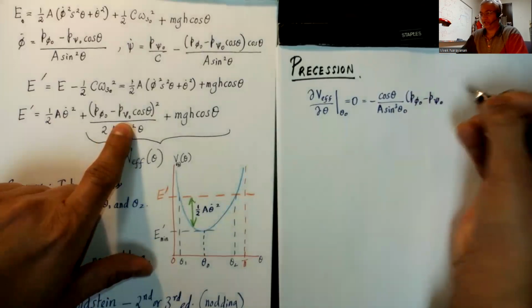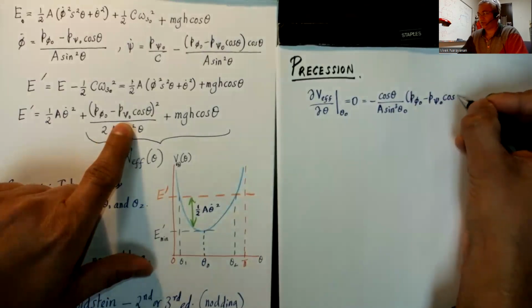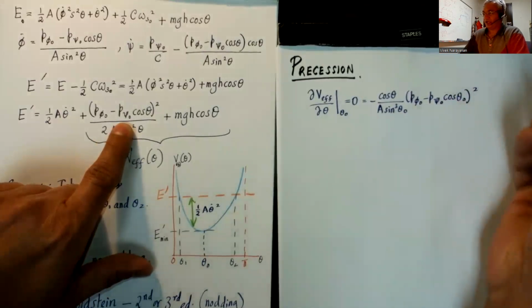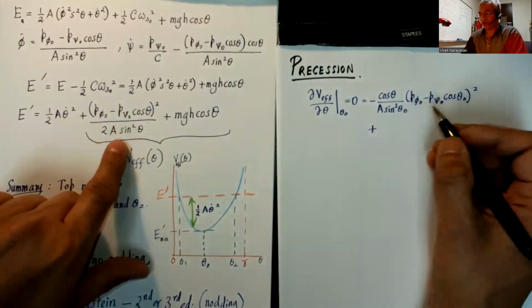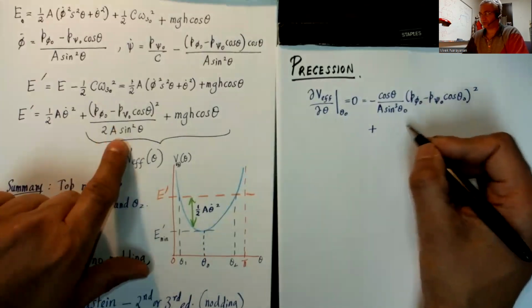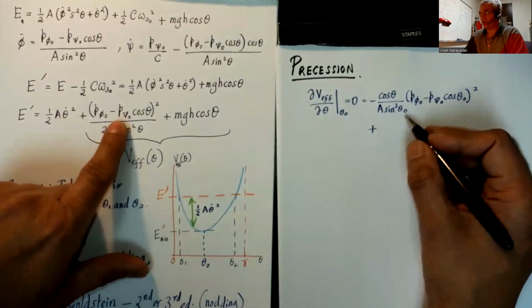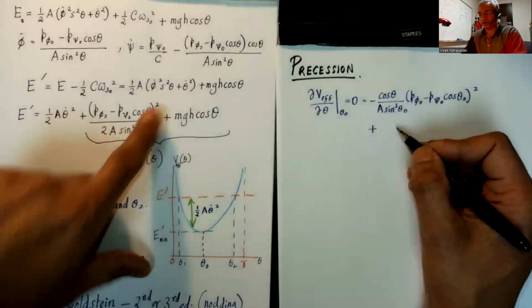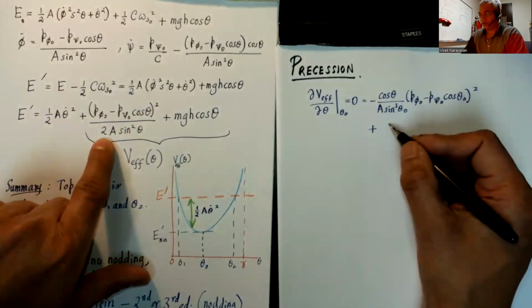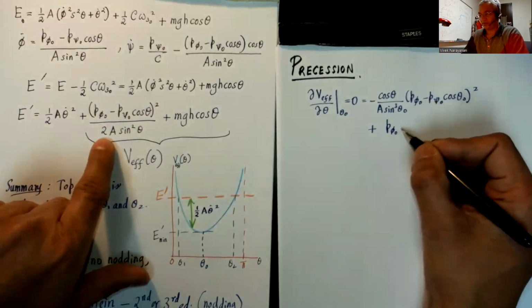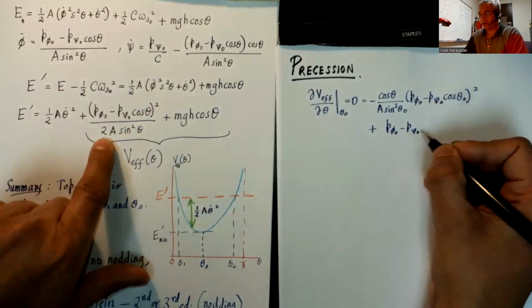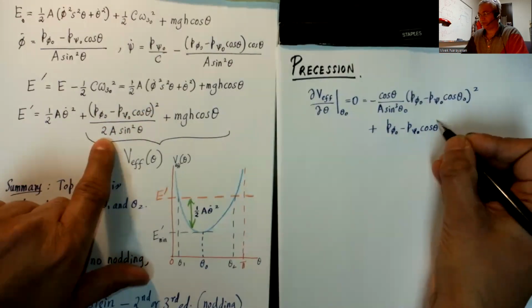Because I'm not differentiating it yet. And then I won't touch the denominator, but I will differentiate the numerator. When I differentiate the numerator, that 2 will cancel the 2 there. So I'm just going to get p phi naught minus p psi naught cosine theta naught.